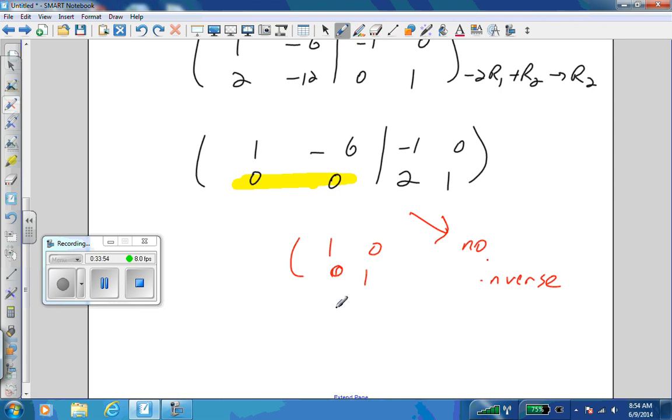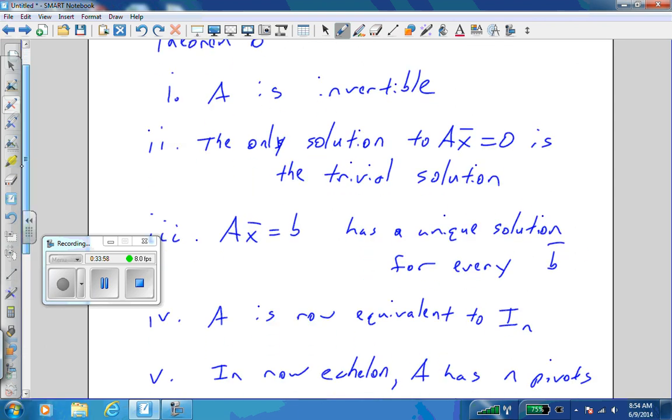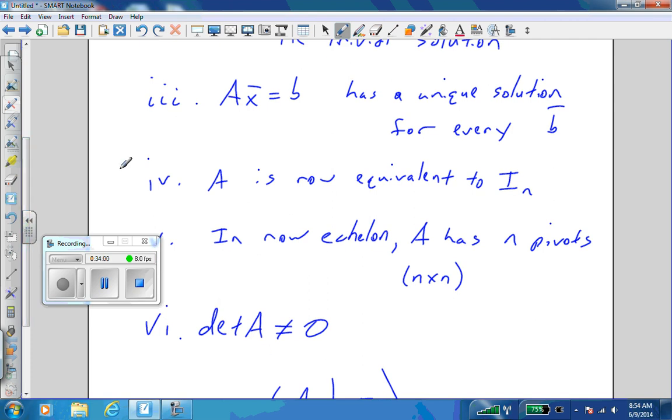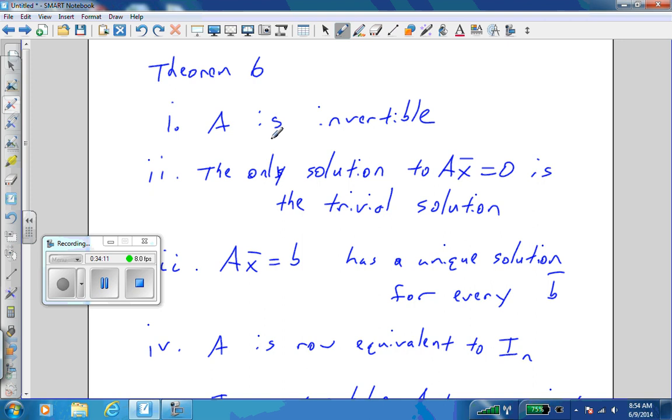It doesn't have an inverse. So let me go back and look at it. There are not n pivots. So if this is false, all the other things are false. So A is not invertible.